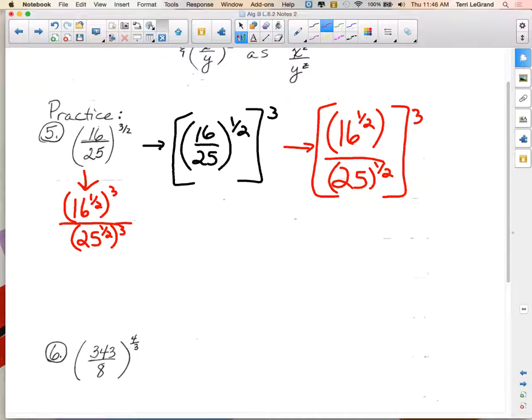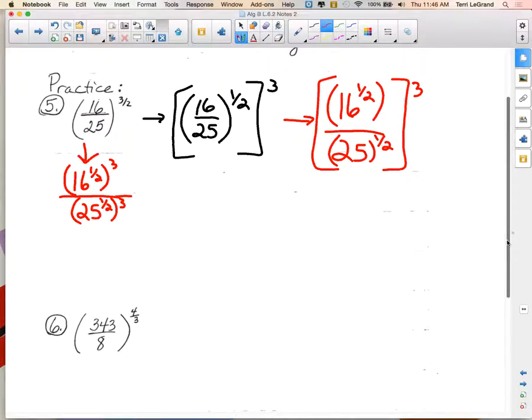So what does 16 to the 1/2 power mean, Noah? The square root of 16 over the square root of 25. That's really what that means. So we're just processing through what are the things that we can do.